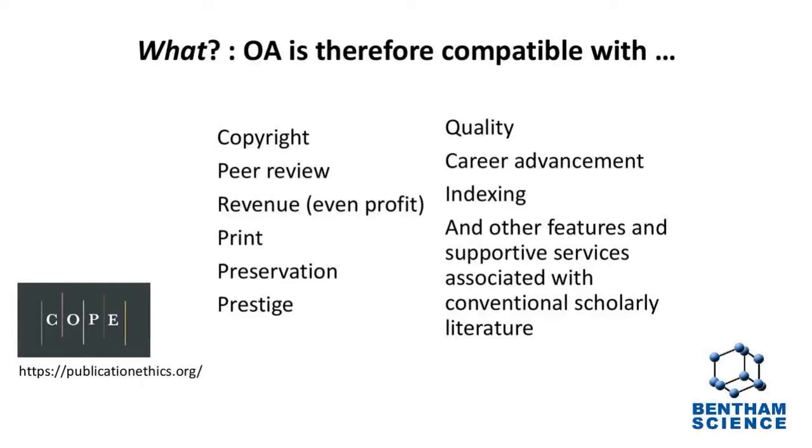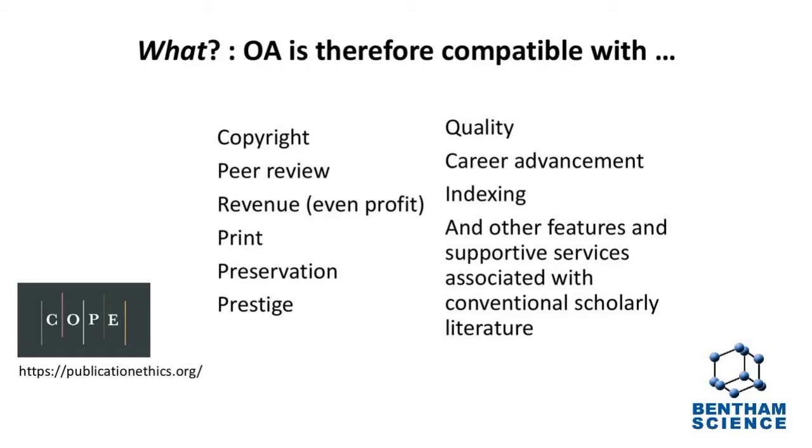So open access, of course, is compatible with all of those things that we as authors expect to see in a reputable academic journal if done right. So Bentham Science journals use peer review. They, of course, generate revenue, but that's part of the open access model. You are getting copyright as an author. You're getting a print copy if you want.